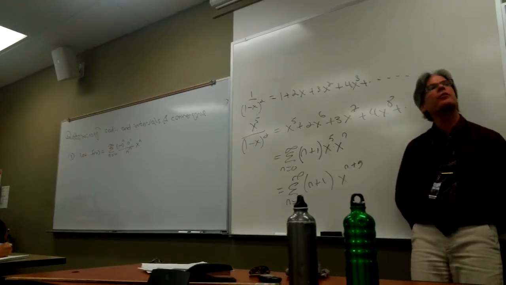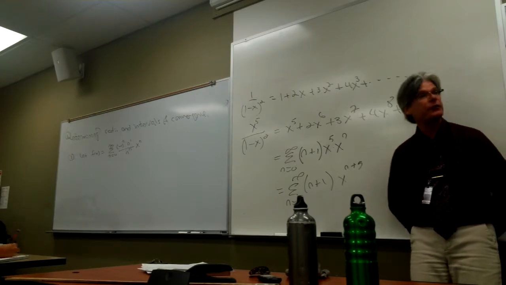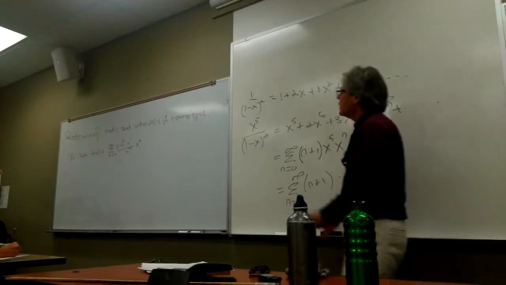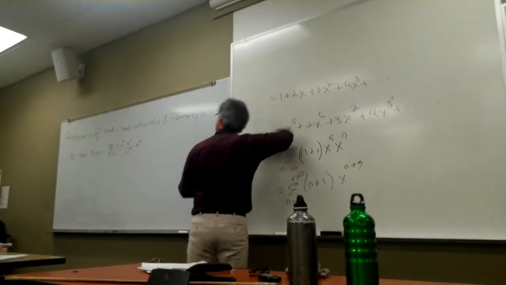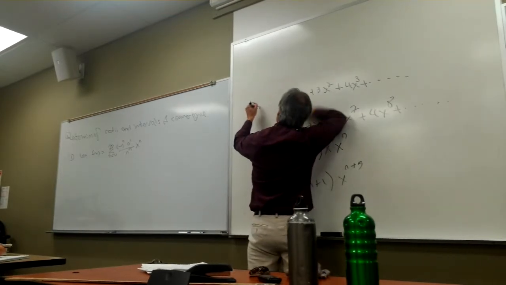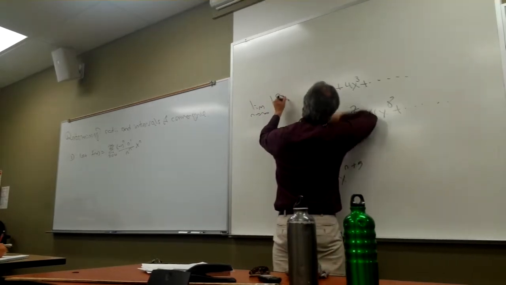Because I've got a factorial in here, how do you think I'm going to determine convergence? Yeah, ratio test. With the ratio test, I'll take the limit, as n goes to infinity, of the absolute value of the ratio of this.